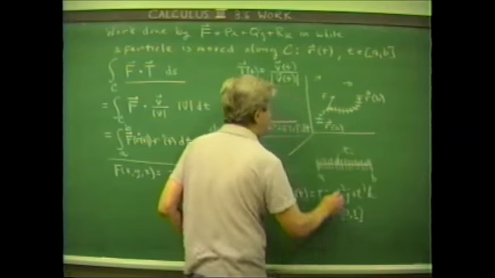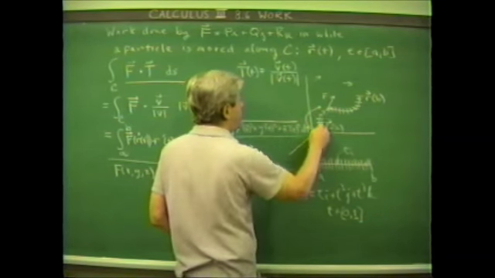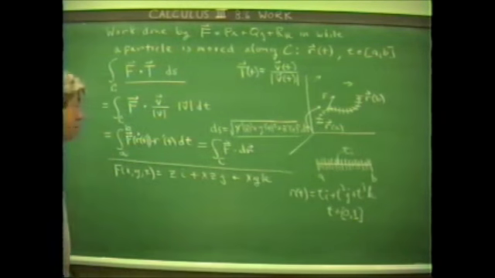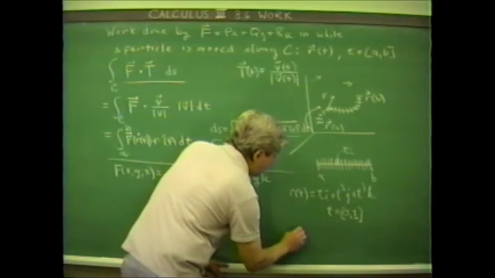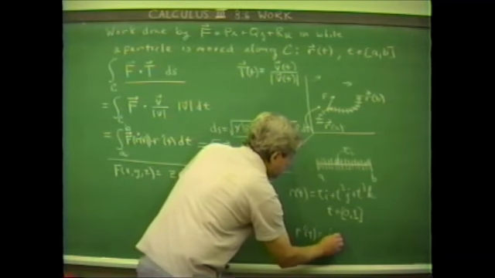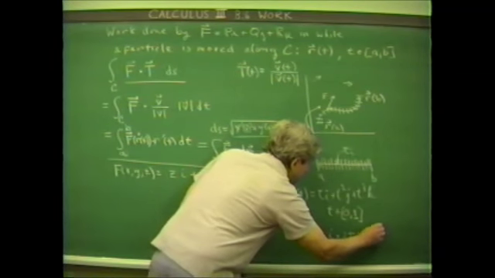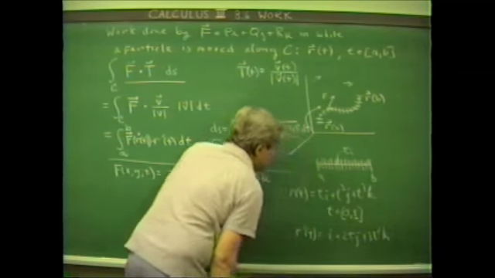This is an r that we've used several times. It starts at the origin and ends up at the point 1, 1, 1. So here's r of t. R prime of t, of course, is equal to i plus 2tj plus 3t squared k.